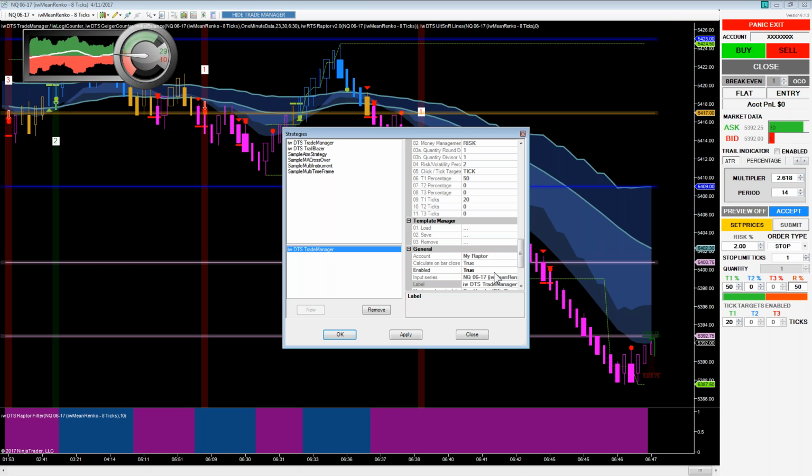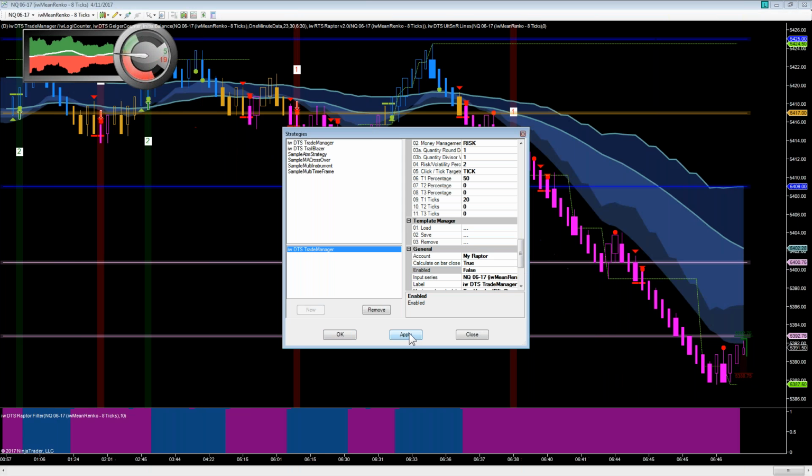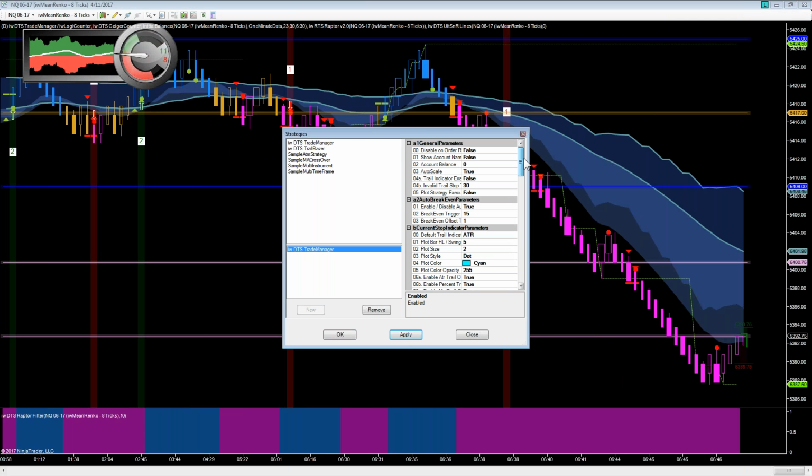So here on your Enable tab, I'm going to move that to false, click Apply, and then near the top, the second heading, are your auto break-even functions. Yours is going to be set at false. You want to turn that to true to turn it on. And then you can preset your break-even in the number of ticks that you want.